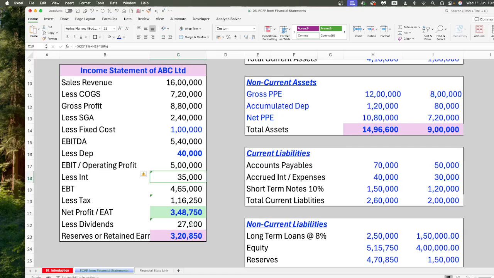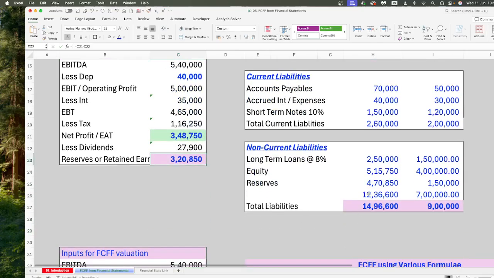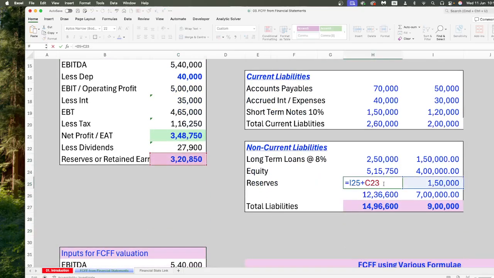Then the other thing is that your dividend is an assumption. Now your reserves will be taken, and these reserves are added to your non-current liability, the reserves of last year, plus the retained earnings that will go here. So that is an important linkage here.